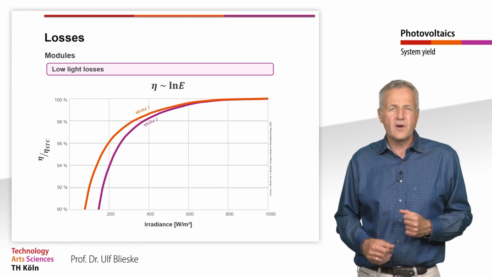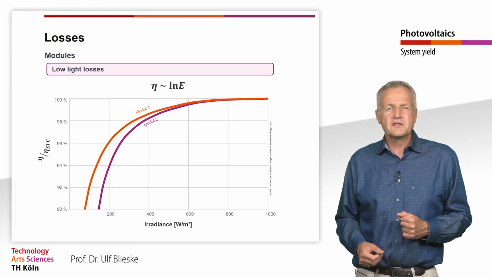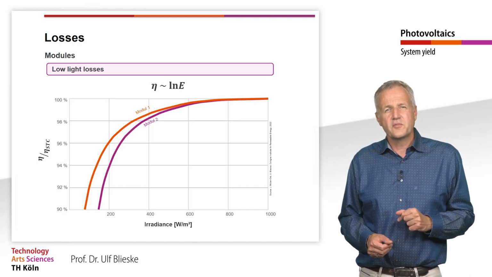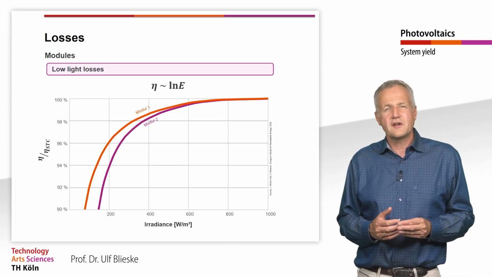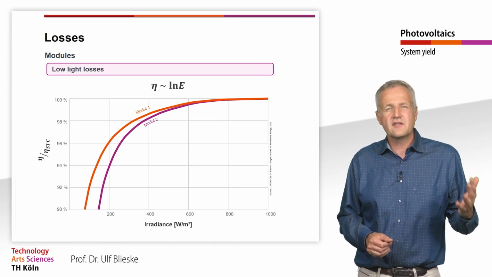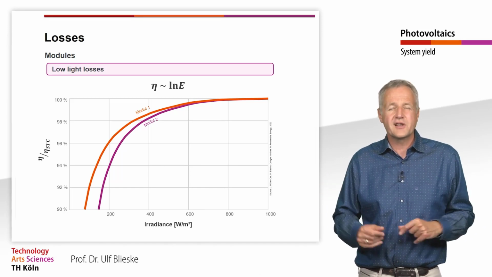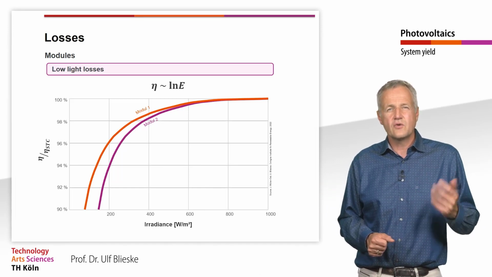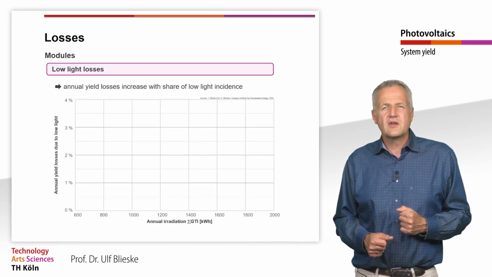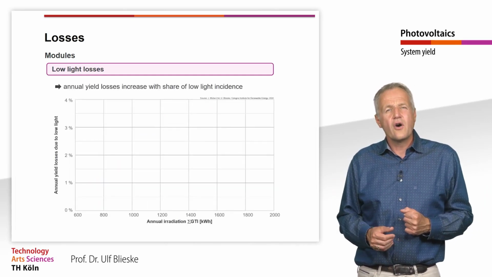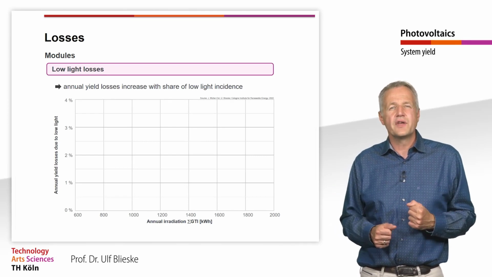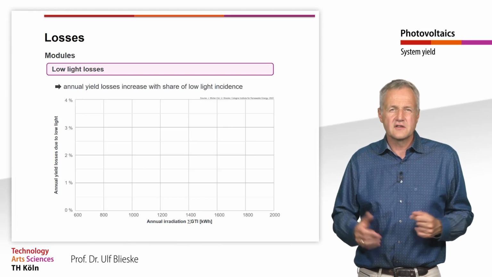At 200 watt per square meter, the reduction relative to the efficiency at STC is about 4 to 6% for monocrystalline modules. A module with a nominal efficiency of 20% thus only has an efficiency of approximately 19% at 200 watt per square meter. The decrease in efficiency with low light causes yield losses, which are the greater the more frequently low irradiance events are to be expected.